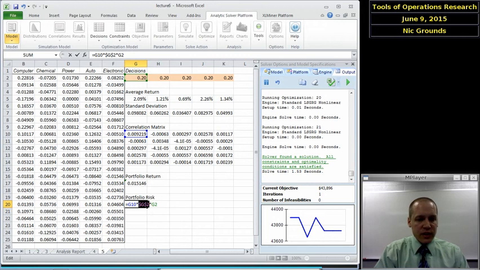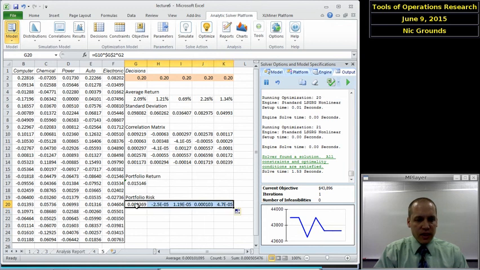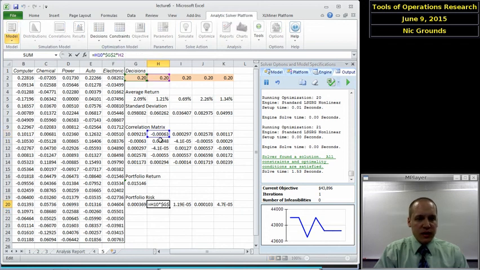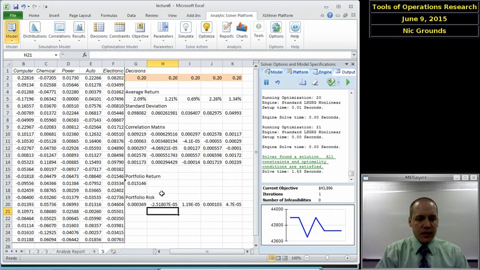So for this portfolio risk, I'm going to hold the computer percentage static and drag that over. So now I'm just saying take each correlation matrix value, multiply it by the corresponding 2 proportion values for the 2 investments that matrix value represents. So the first row is always the computer investment, and then depending on which column it is, it's the other of the 5 investments, and so forth.